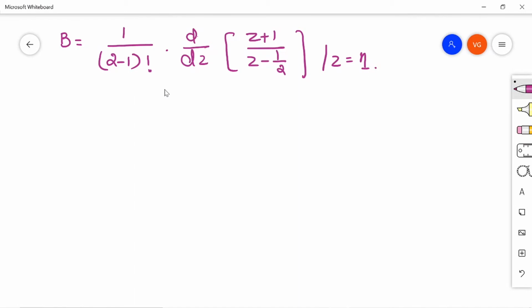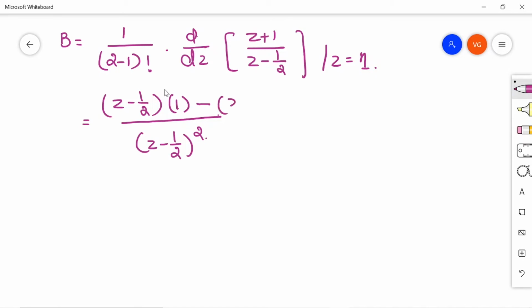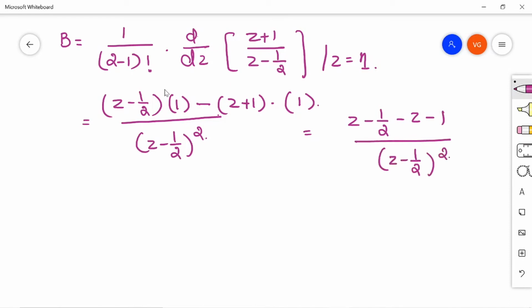Again, you go with the u by v method, d by dz of u by v. So I'll write v square in the denominator, v into u dash, that is (z + 1) derivative, that will be 1, minus u into v dash, that will be again 1. So you write it (z - 1/2) minus (z + 1) divided by (z - 1/2) whole square. So this will get cancelled. What I am getting in the numerator is minus 3/2 over (z - 1/2) whole square.